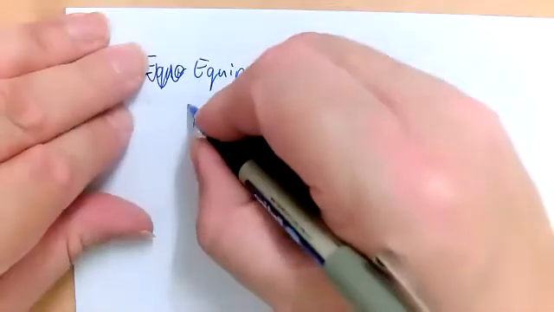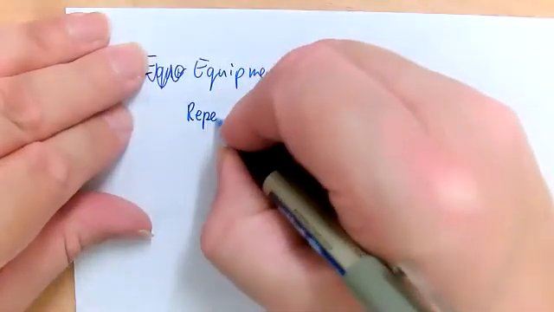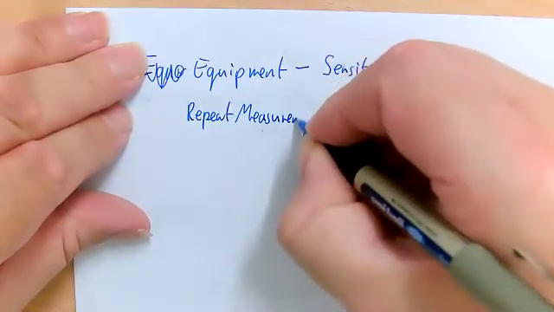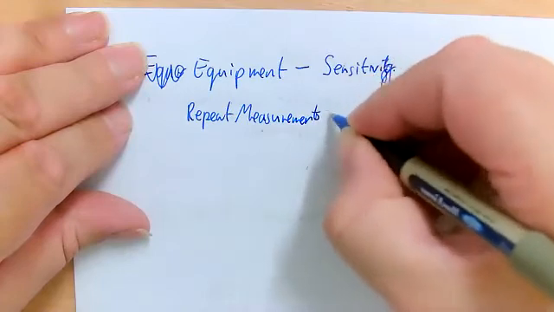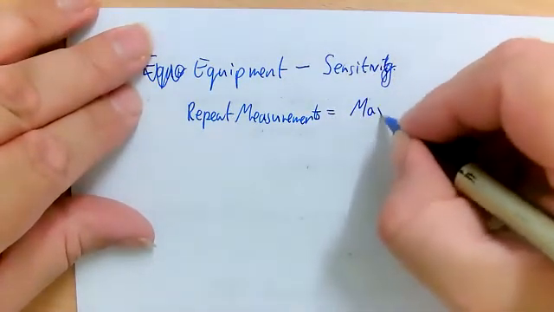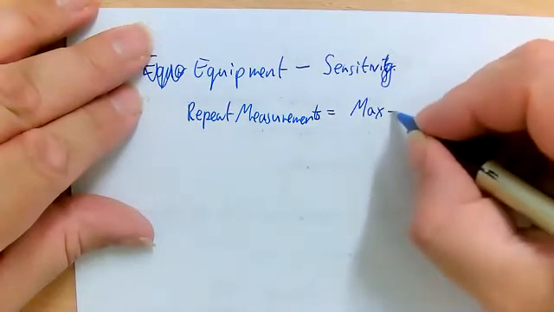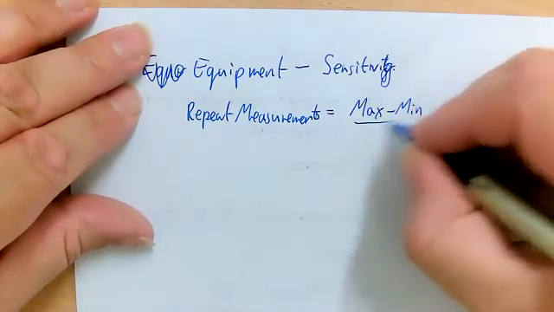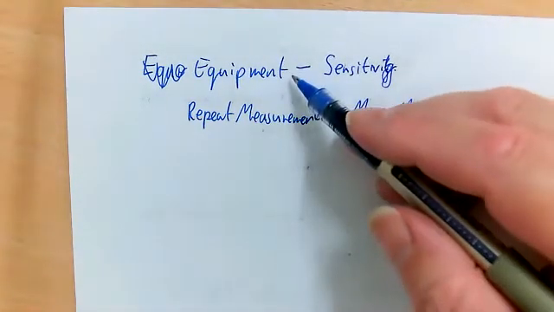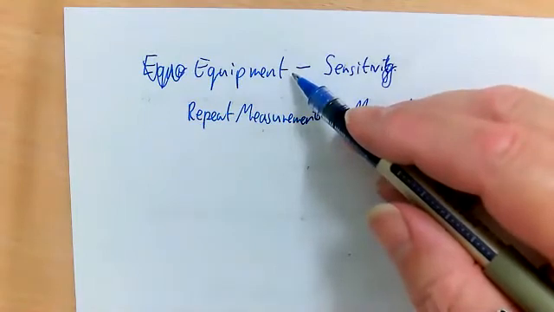The uncertainty in repeat measurements is going to be the maximum value minus the minimum value over 2. Okay, so that's the uncertainty of a piece of equipment.